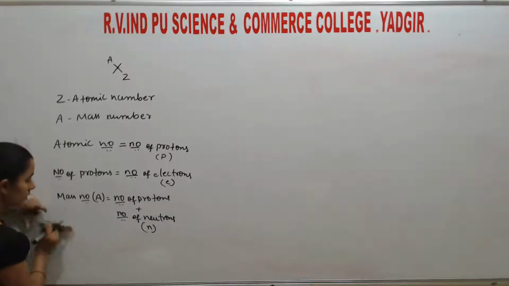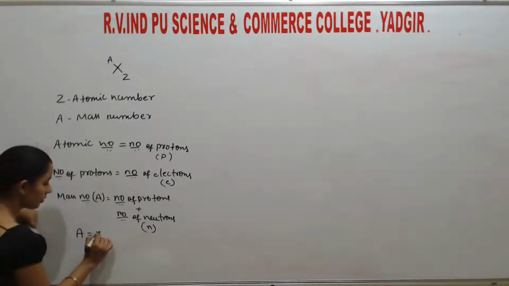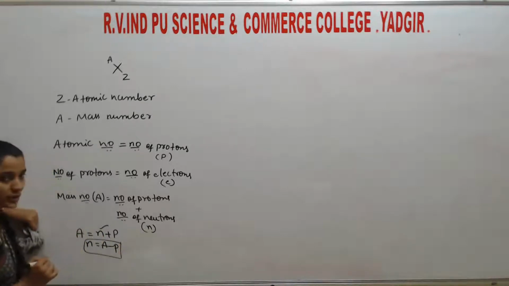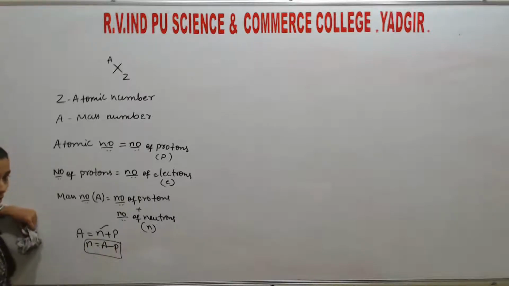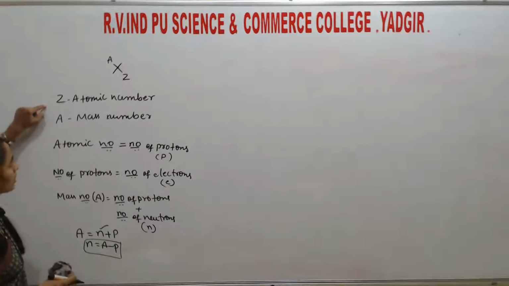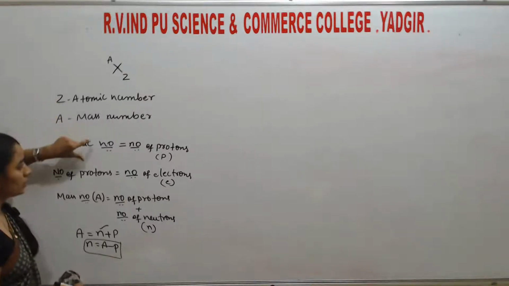Atomic mass is equal to number of neutrons plus number of protons. This means N is equal to A minus P. If atomic mass is subtracted by atomic number, then we will get what? Number of neutrons. This is all about the atomic mass, atomic number, mass number.